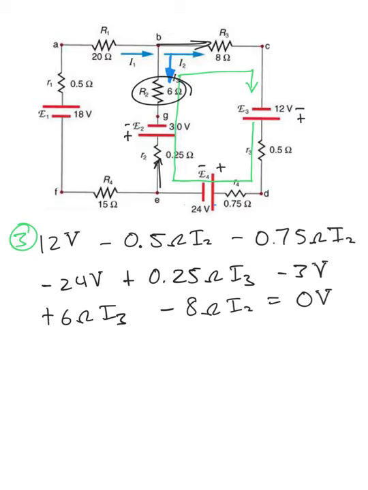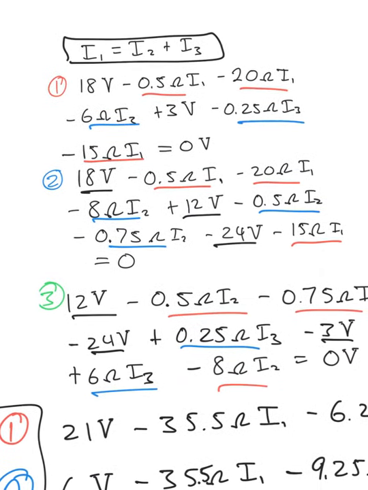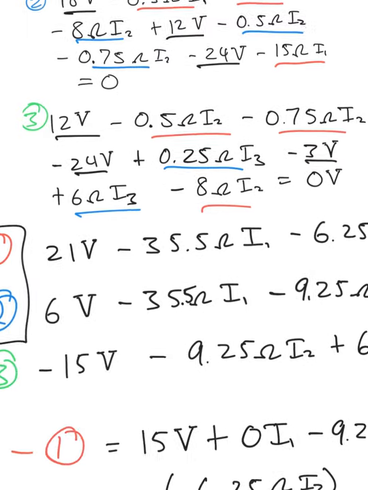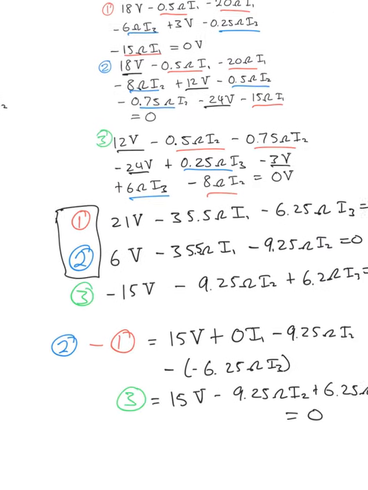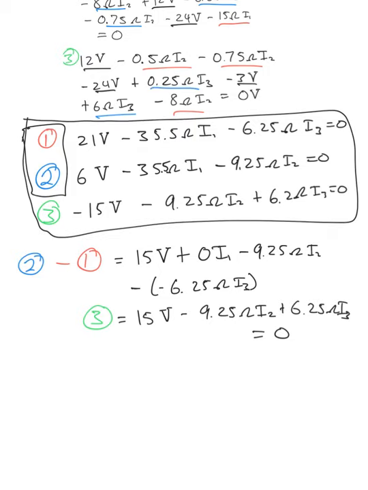And now we can use our knowledge of I3 in order to find I2 and I1. So looking back at our original 3 equations, which I will look at in simplified form here, right at the center of the screen, what you can see is that the first equation has only I1 and I3 in it.